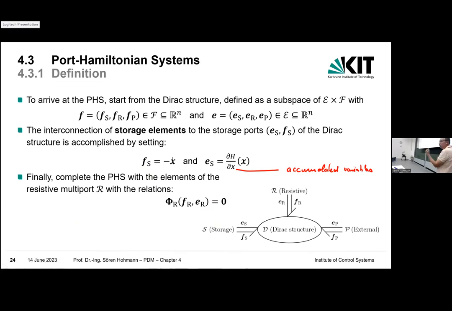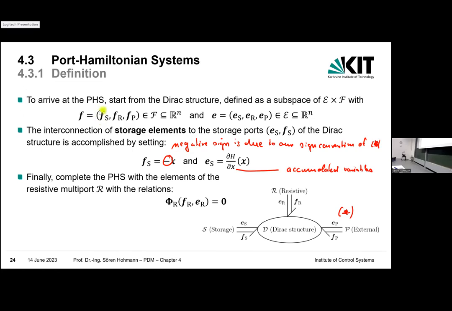The negative sign comes from the fact that everything points into the Dirac structure, due to our sign convention. I put here the star. Okay, that's why.